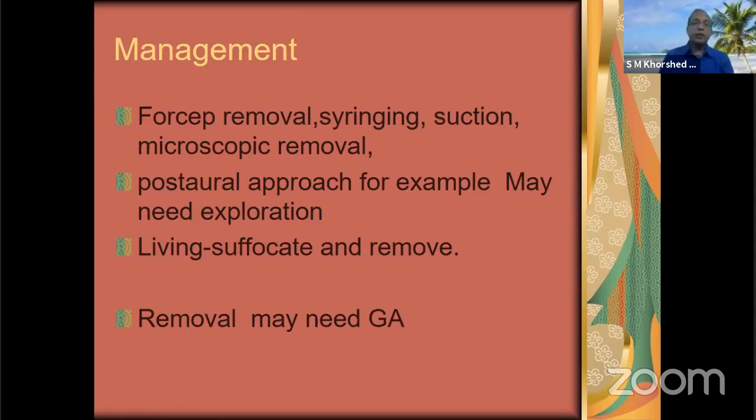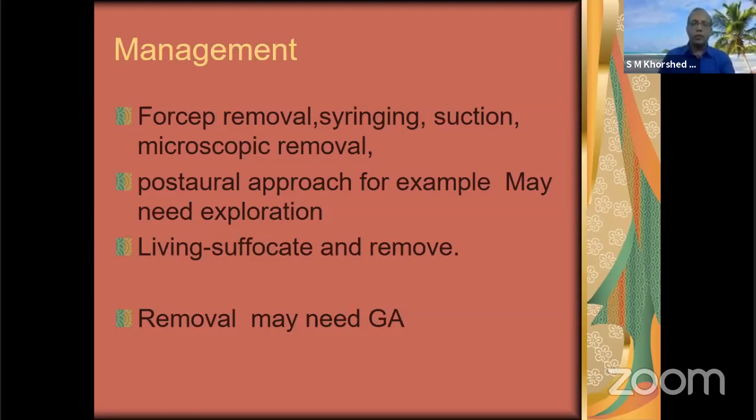How is it managed? Forceps removal, syringing, suction, sometimes removal with the help of a microscope by magnifying. At times, a pedi as a foreign body is very dangerous because pedis have spikes on the surface, and whenever someone draws the pedi outwards, it goes inwards.